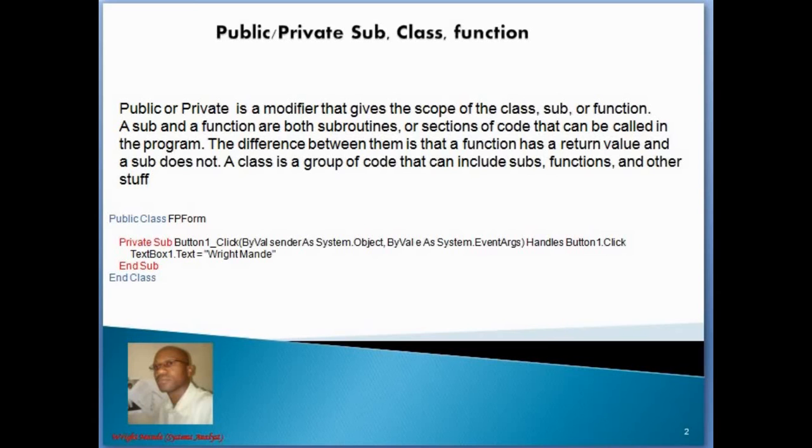Then a private thing belongs to a single person or just a single family, and it's the same scenario with these words. So when we make use of public in .NET, anything that has been defined using the word public will be seen from any subroutine that is within the application.